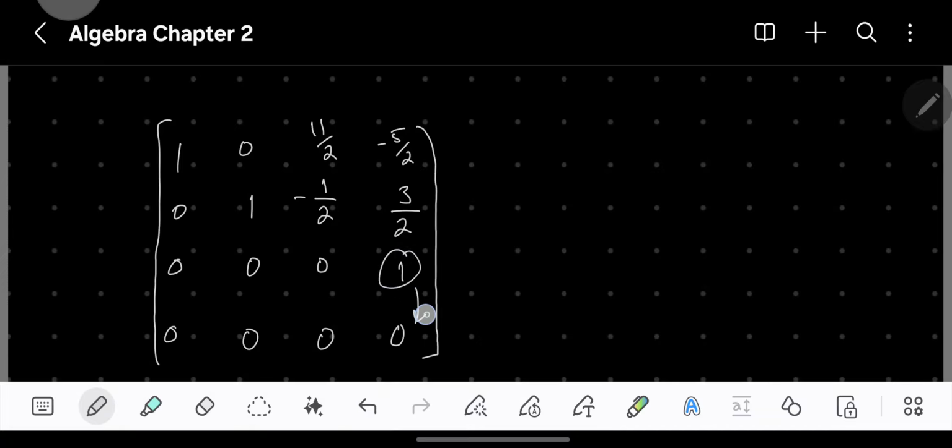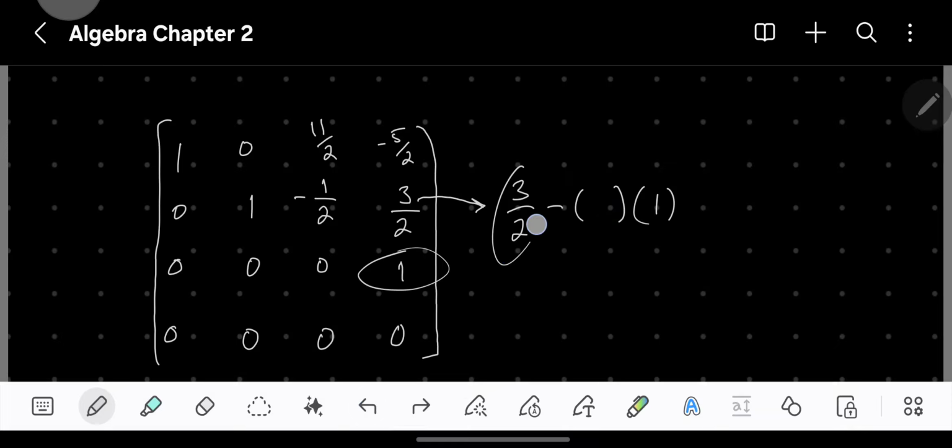Everything below this pivot is 0, but not above. I have to make this 0 and I have to make this 0. Let's look at this. How can I make this 0? 3 by 2 minus something times this pivot. This pivot is 1, and this something is obviously 3 by 2.